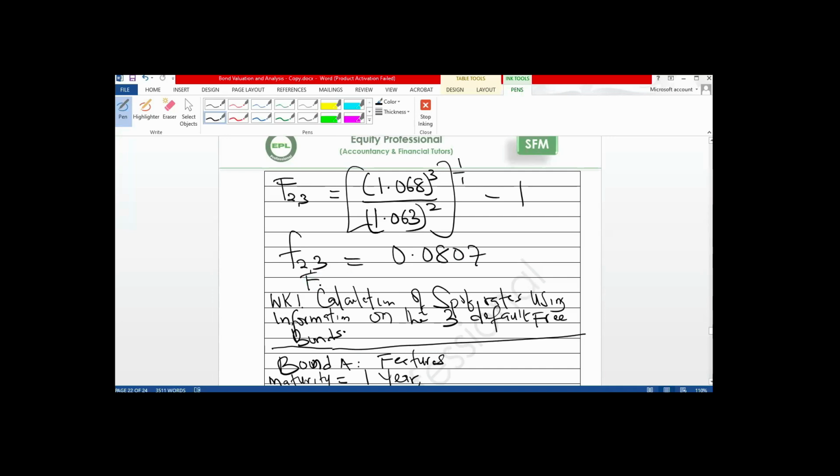In percentage, this will give you 8.07%. Please work this out and confirm your answer.